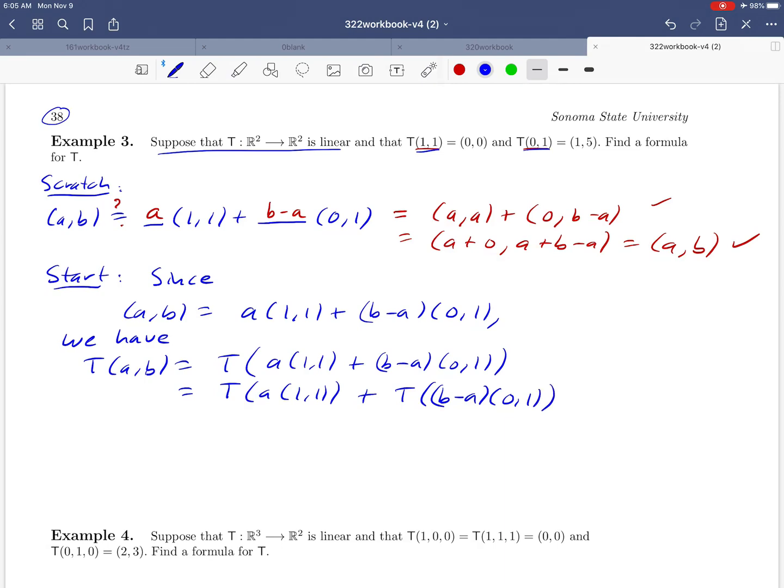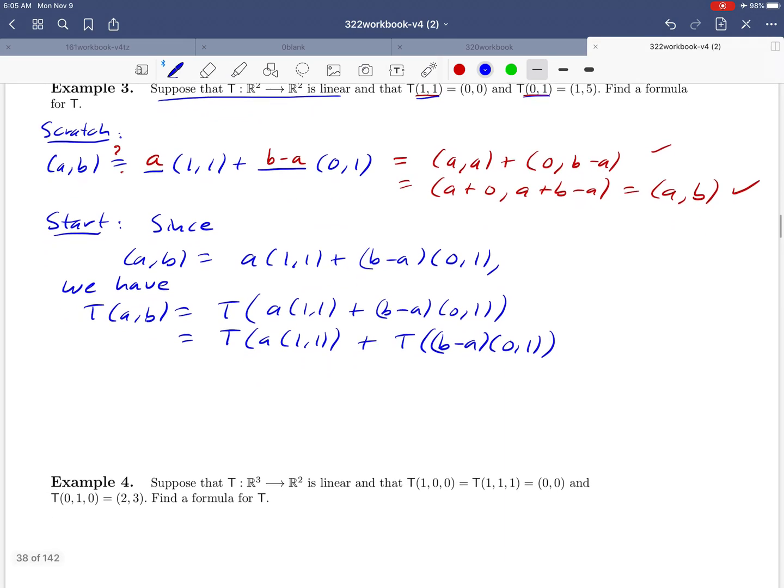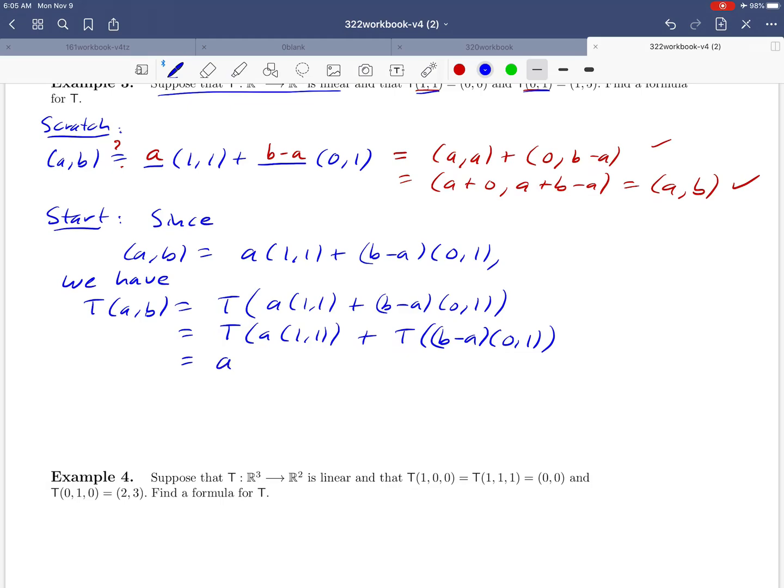There we're using the fact that T preserves addition, and then we can pull the scalars out. So A times T of (1, 1) plus B minus A times T of (0, 1). There we're using the fact that T preserves scalar multiplication. I'll leave a note that those two steps just use the fact that we know that T is linear.